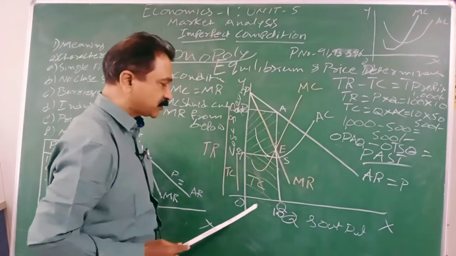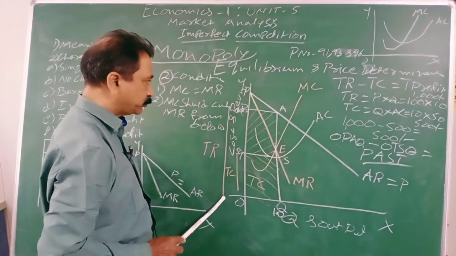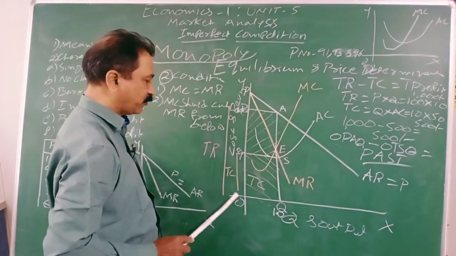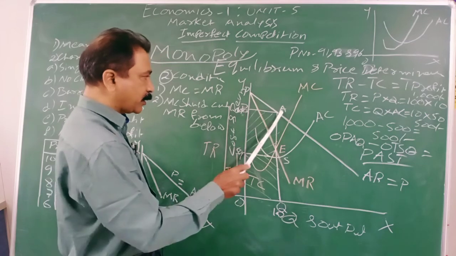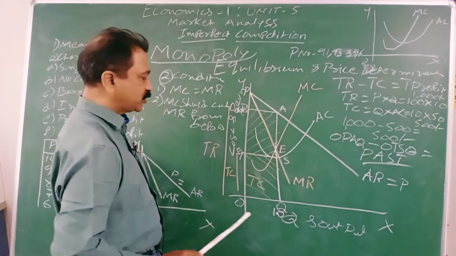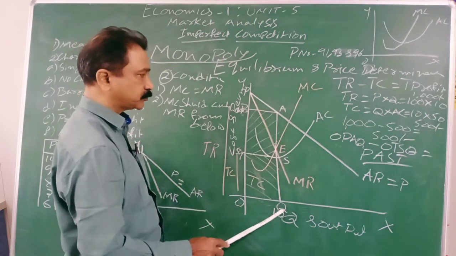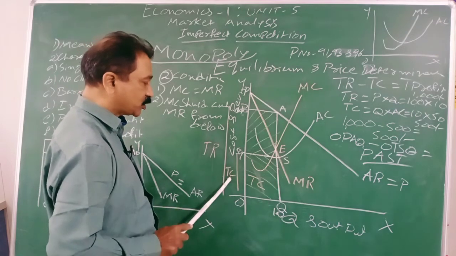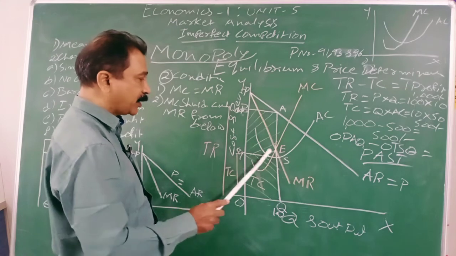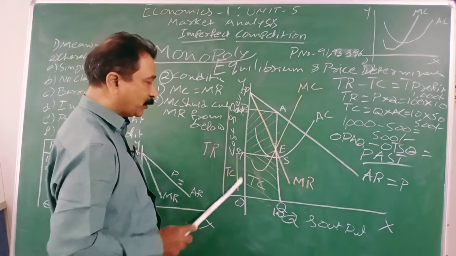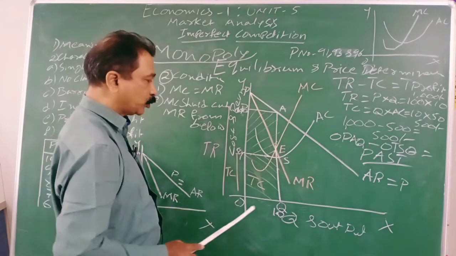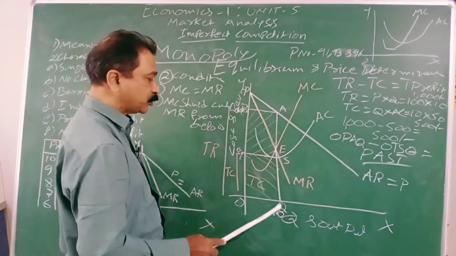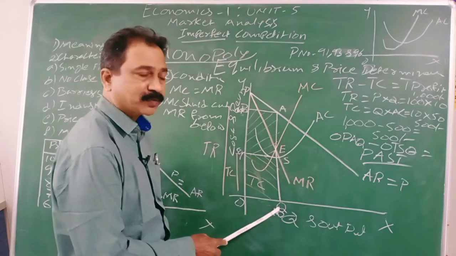That can be seen like this. OPAQ is the total revenue. What is the total cost? OTSQ, OT multiplied by OQ, that is OTSQ is the total cost.